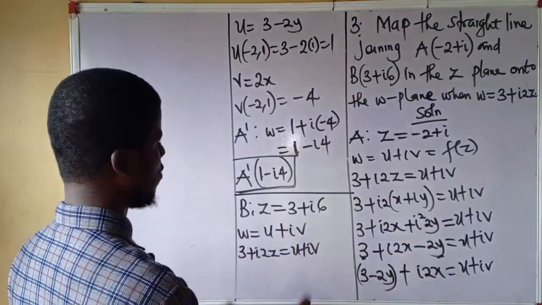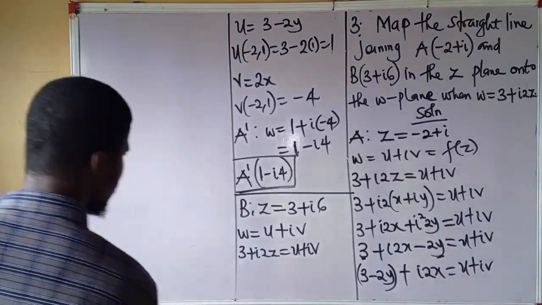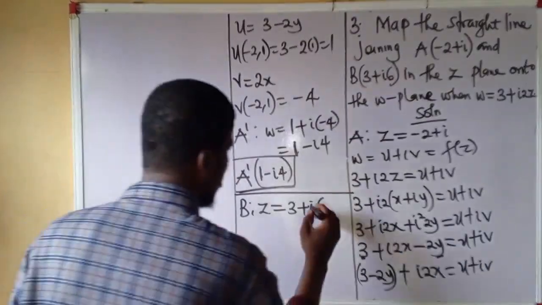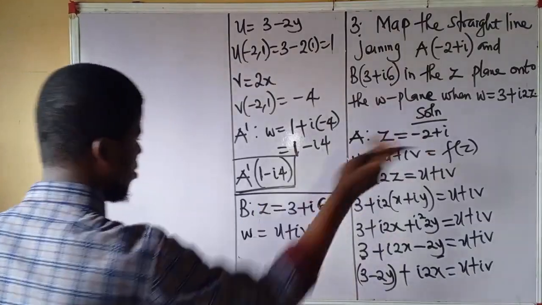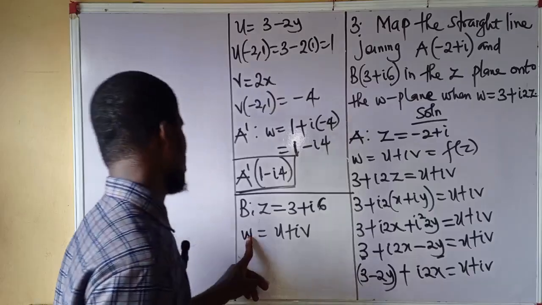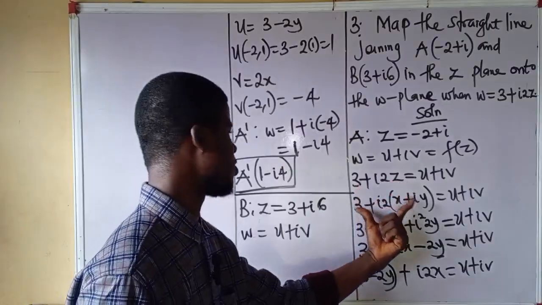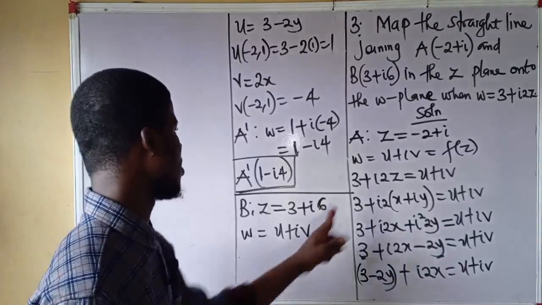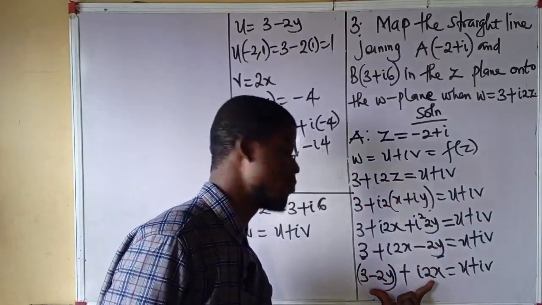There's no need to even solve again because we are still going to arrive at the same result. If I break that down from here, everything will still flow, because I'm going to repeat the same process. 3 plus I2Z, Z is still X plus IY, so if I simplify, I will get to this point.